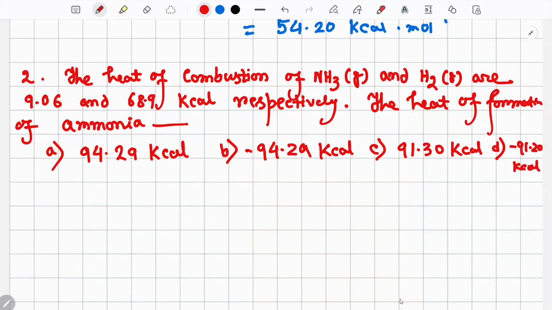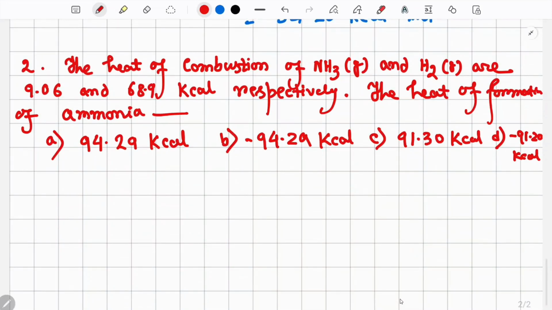I think the heat of combustion of nitrogen and hydrogen should be given. Why? N2 plus 3H2 to 2NH3, the reaction of ammonia formation. Just right. Every data is sufficient. Okay, try it, otherwise I will do it.